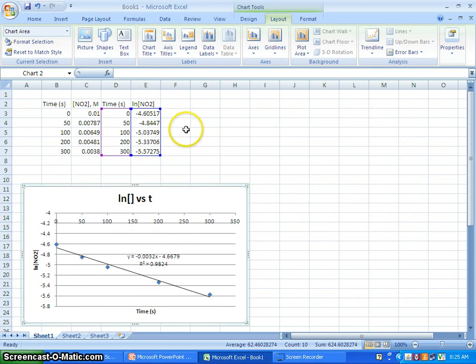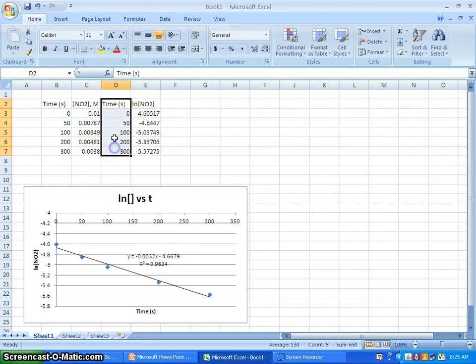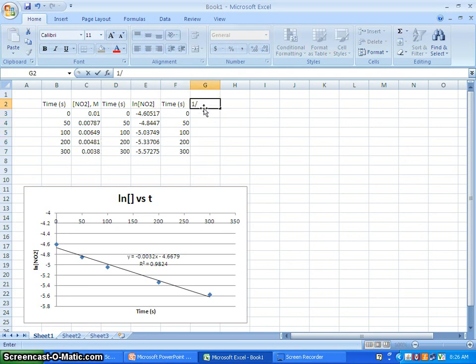Now I'm going to make my last graph, which is 1 over concentration versus time. Copy my time again. Now, nice thing again, you can make this function. It's just kind of built into Excel.